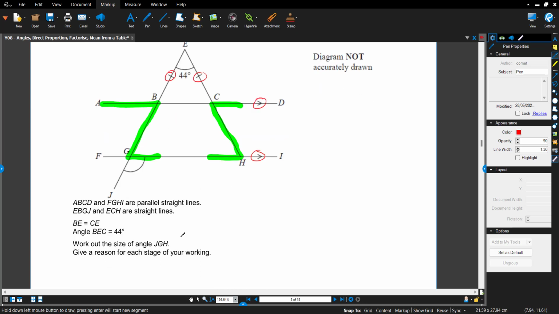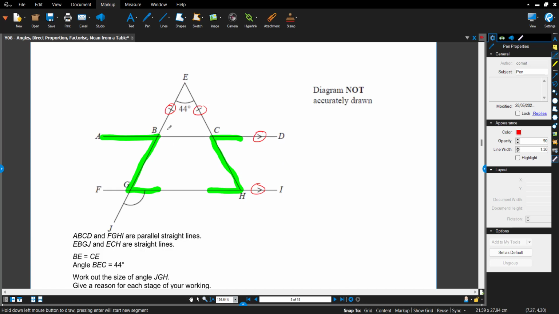Work out JGH. So it's that angle there they want us to figure out. How are we going to do that? Let's fill in what we know. Look at the top triangle, 44 degrees. That's the only angle we have. This is isosceles, so you know that that angle and that angle are the same.